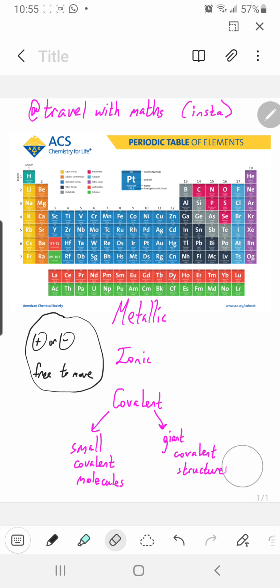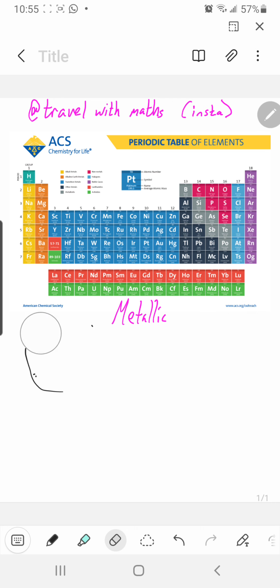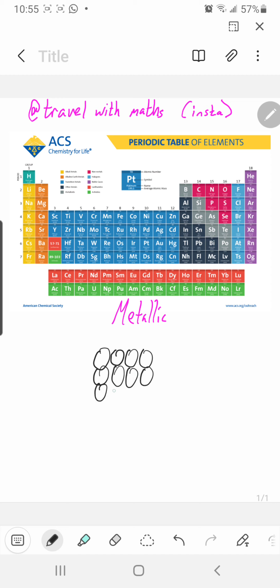Now I'm going to start with one of the bonds. Let's do metallic. Metallic is the simplest one. In a metallic structure, I would strongly recommend drawing a minimum of 12 ions. Ideally, they should all be equal size and touching each other. This is just for explanation, but do it a bit more neatly in the exam.